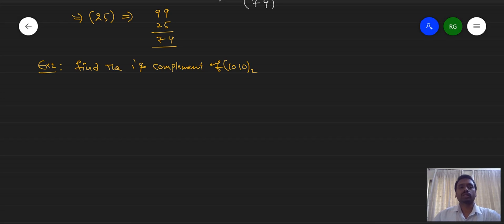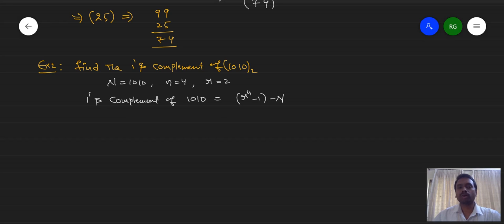So here my capital N is 1010 and my small n is 4, because it has 4 bits or 4 digits, and my small r is 2 because it is a binary number. So the ones complement of 1010 is r power n minus 1 minus N. This is the general formula.